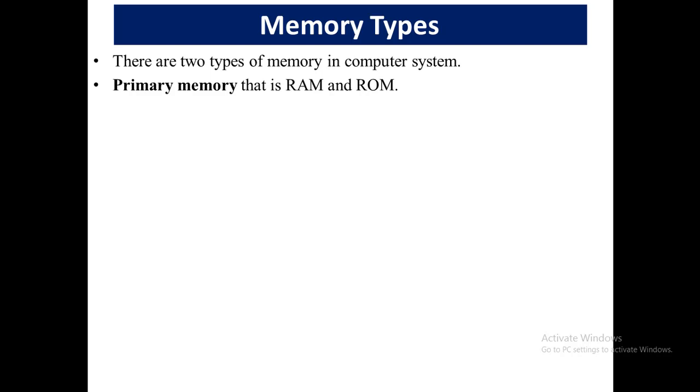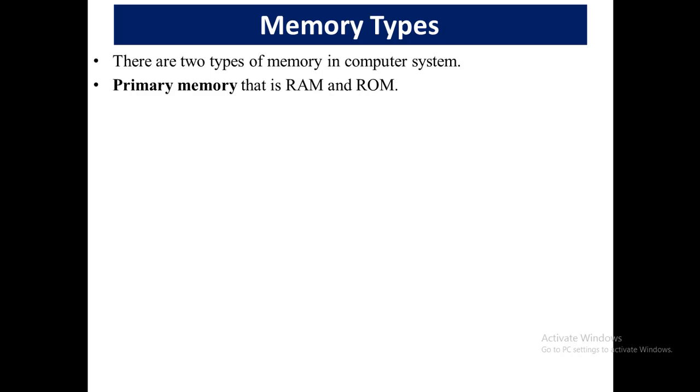When we open any program, any application in the computer, it first loads into the hard disk, and to execute the program, it then loads into the RAM. The more RAM we have, the faster your computer will be. While the read-only memory contains the startup instructions of the computer system. ROM is non-volatile, while RAM is volatile memory.